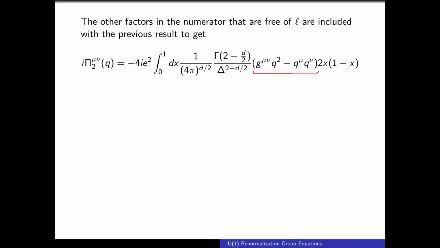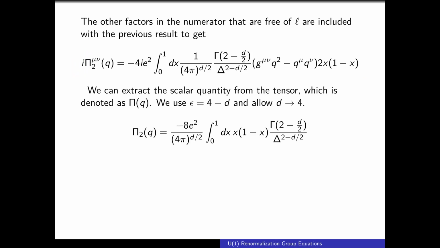If I multiply everything by Q mu, the left side, and the same thing here, this entire equation, everything should vanish. Take a moment to do this on your own time. And so what we can do here is extract the scalar from the tensor quantity.